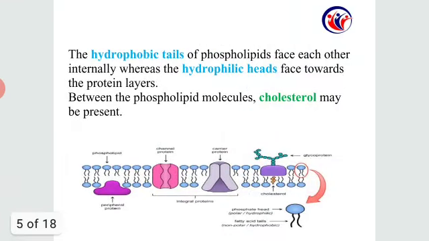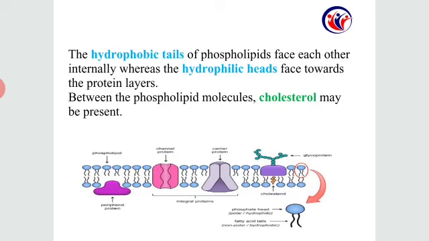The hydrophobic tails, remember, hydrophobic, water hating. So the hydrophobic tails of the phospholipids face each other internally, whereas the hydrophilic heads, those that are water loving, face towards the protein layers.